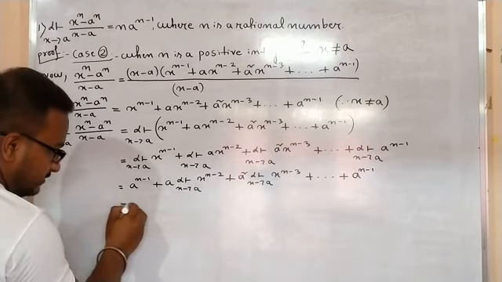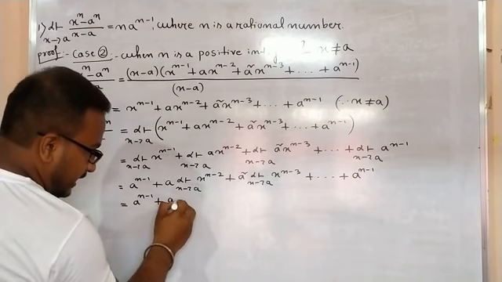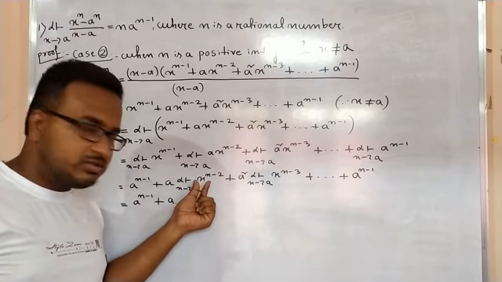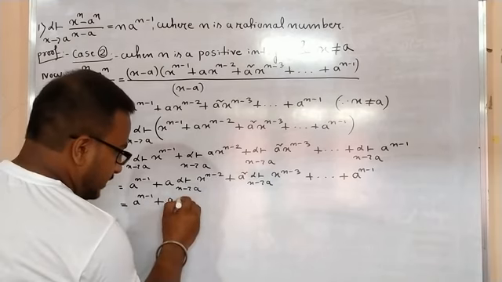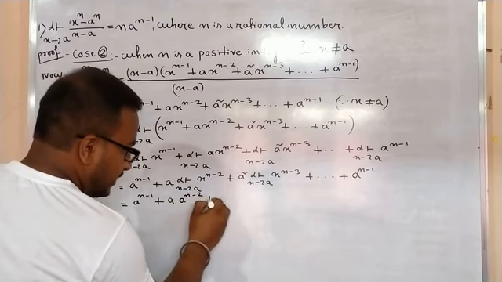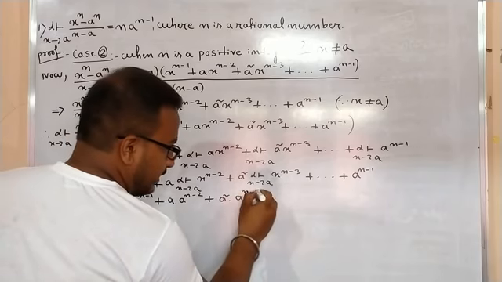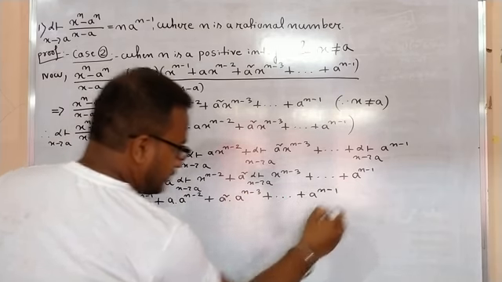Now this implies it is a to the power n minus 1 plus a into, now here you see, here also I can put x equals to a, because this function is defined after putting x equals to a. So it will be a to the power n minus 2. Similarly a square into a to the power n minus 3 plus dot dot dot plus a to the power n minus 1.